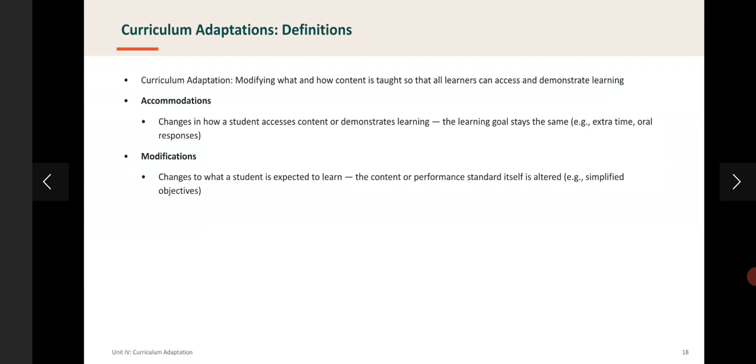Instead of adapting the children to a fixed and rigid curriculum, attempts should be made to seek adaptation in the school curriculum according to the diverse nature and needs of the children. So let me tell you.